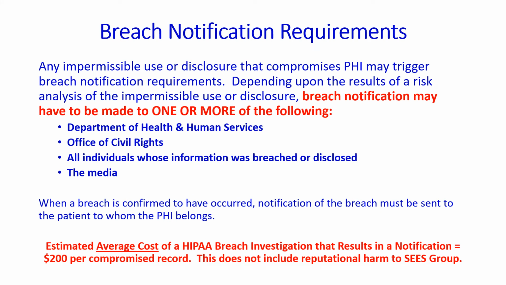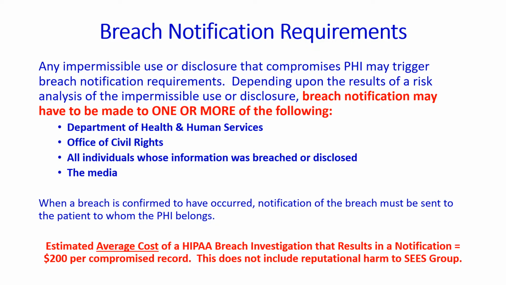Once the report of a suspected breach is made, the compliance officer must investigate the matter to determine if a HIPAA breach has in fact occurred. If a breach occurred, the compliance officer must then notify the patient whose PHI was involved with the breach within 60 days of determination that a breach occurred.